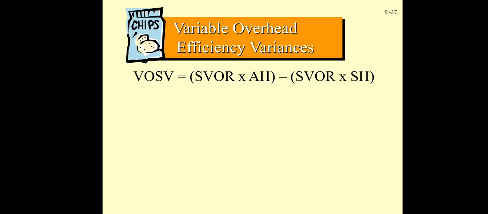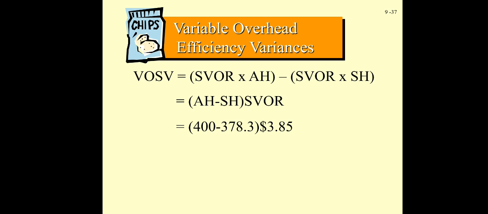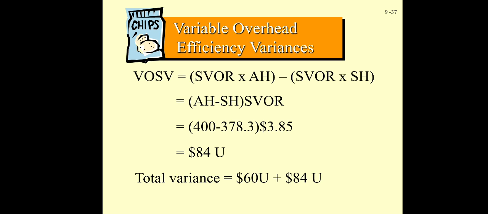So you will get the total variable overhead variance. The total variance is $60 unfavorable plus $84 unfavorable. The answer is $144 unfavorable.